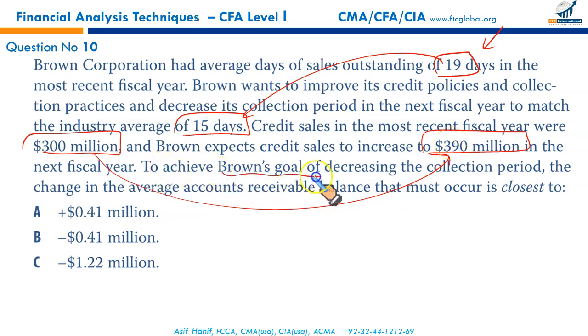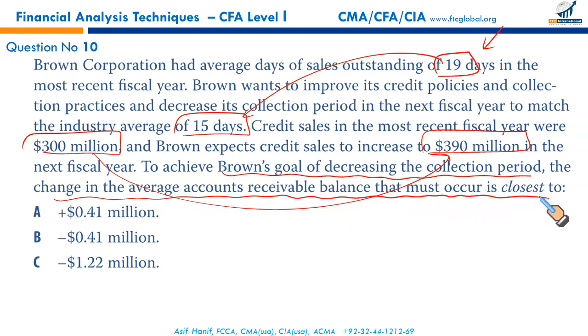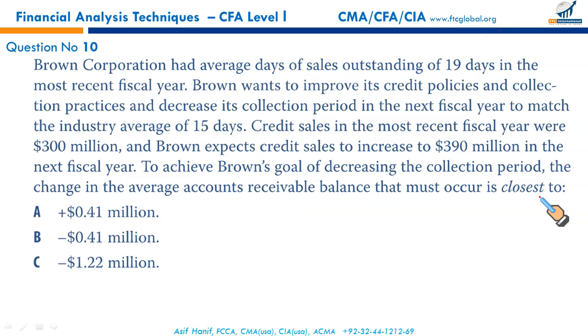To achieve Brown's goal of decreasing the collection period from 19 to 15, the change in average account receivable balance that must occur is closest to what? For this question, I will use my favorite formula. This is what I use frequently for calculating average collection period. Average collection period is equal to your average account receivable divided by sales multiplied by 365.